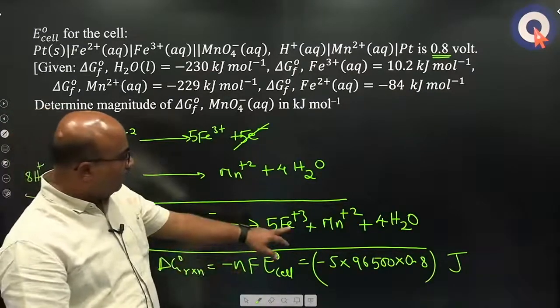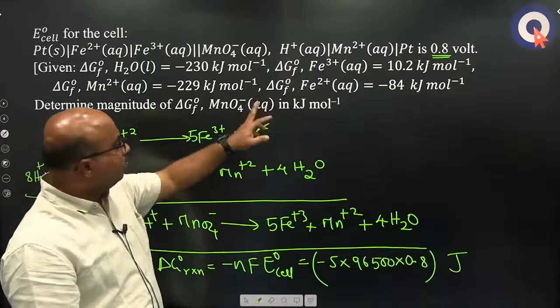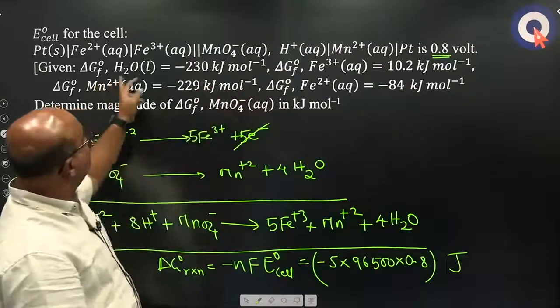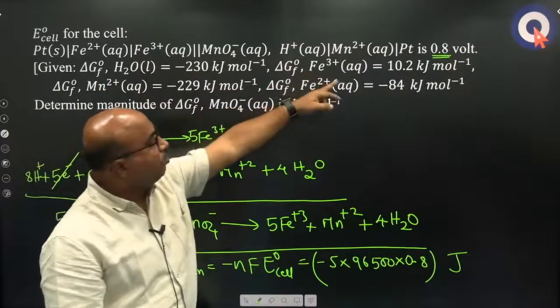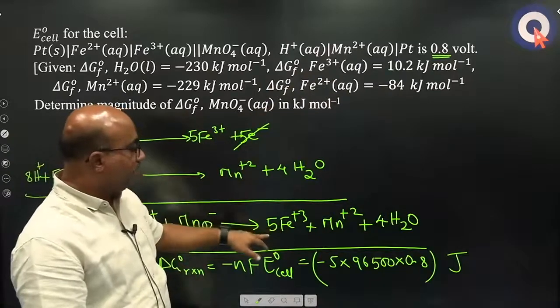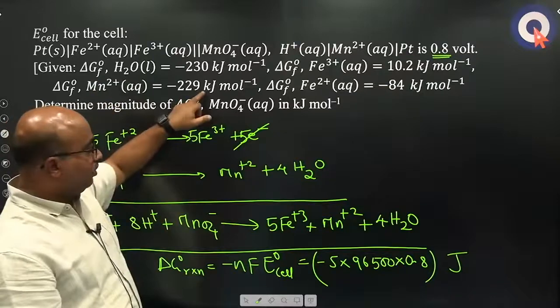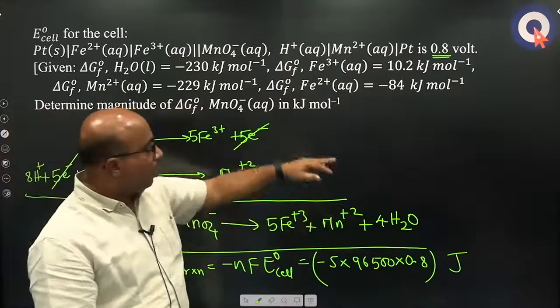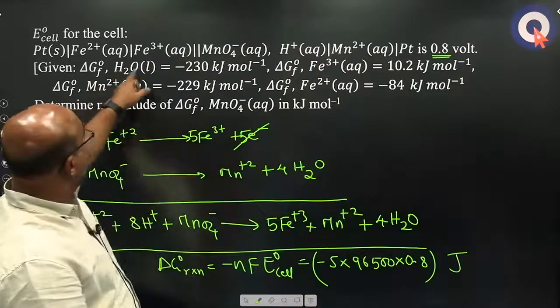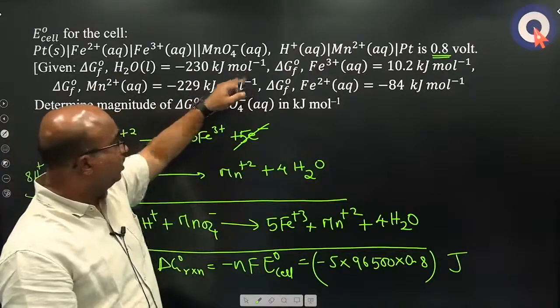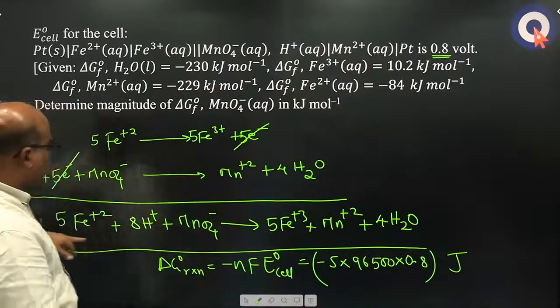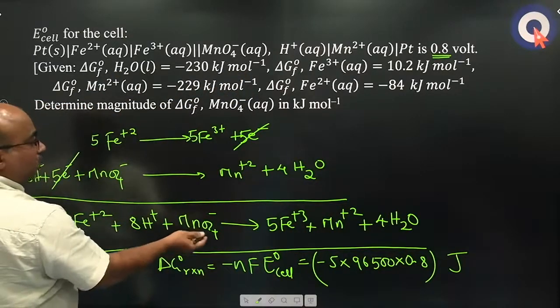Fe plus 3, for 1 mole it is given. Let us see where it is now. Fe plus 3 for 1 mole is 10.2, but 5 moles are there here. Mn plus 2 is this, but 1 mole only. Water is again given here, minus 230. So for reactants, MnO4 minus we have to predict.